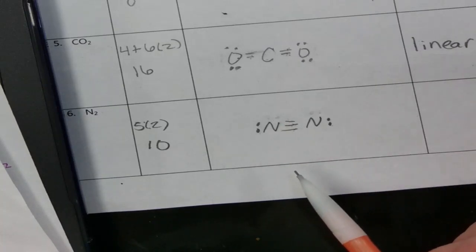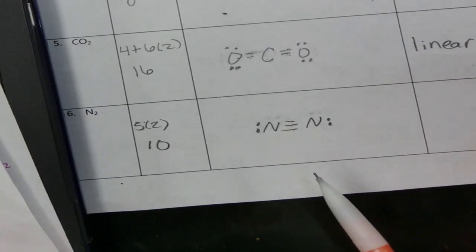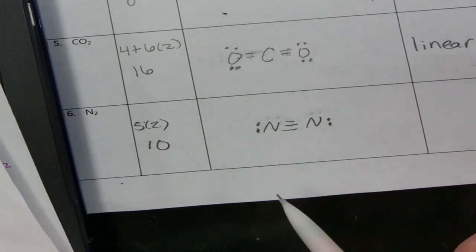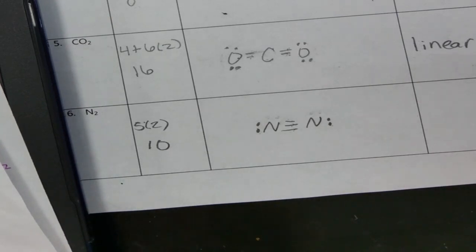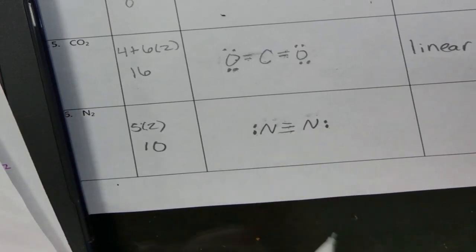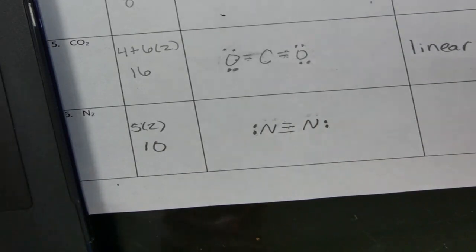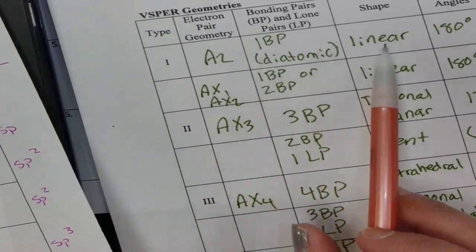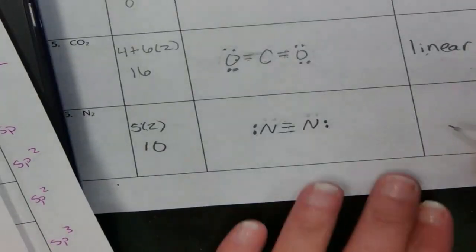That would be a discussion for second level honors chemistry. For purposes of our class, I just need you to get the basic drawing structures down. I have a single bond in the center here. It's a triple bond, but it's a single bonding pair. So 1 bonding pair would be linear.